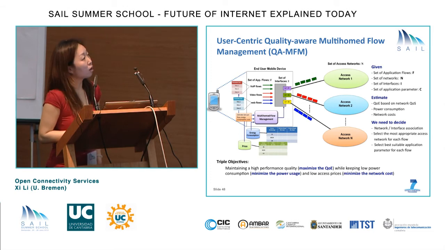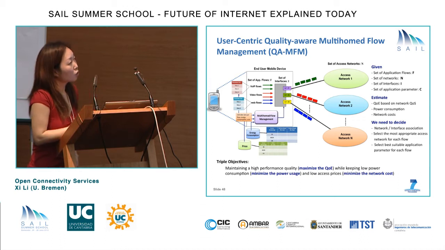That means once the user transmits one of the application flows, you need to select an appropriate access network by choosing the proper parameter in order to achieve the best quality of experience, and at the same time also choose the appropriate network in a way that minimizes the network cost and the power consumption.